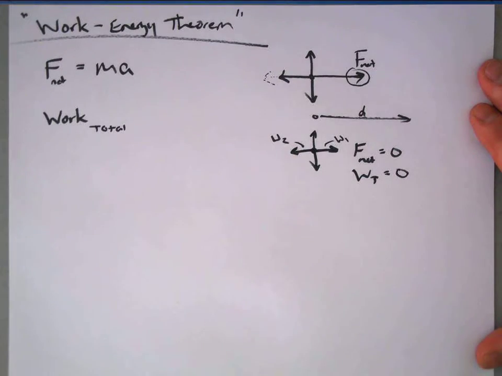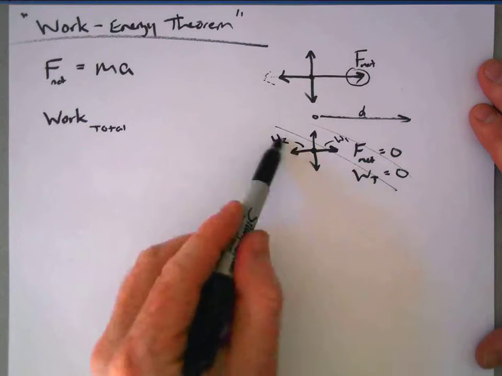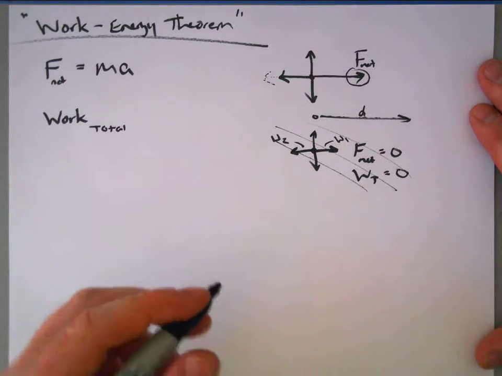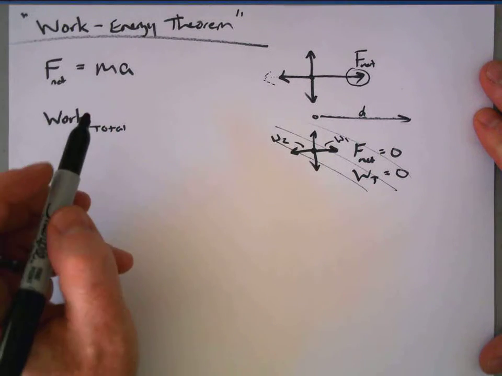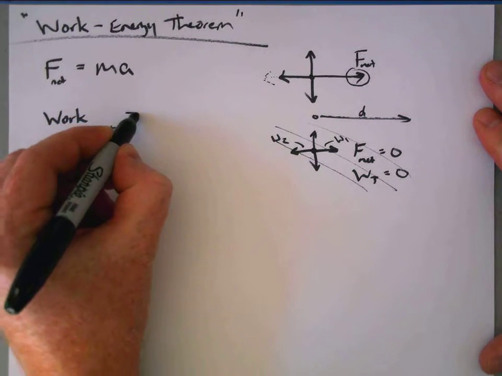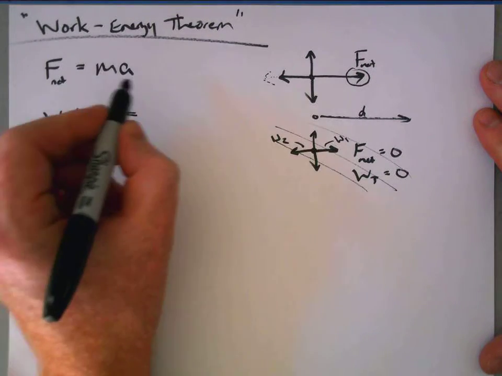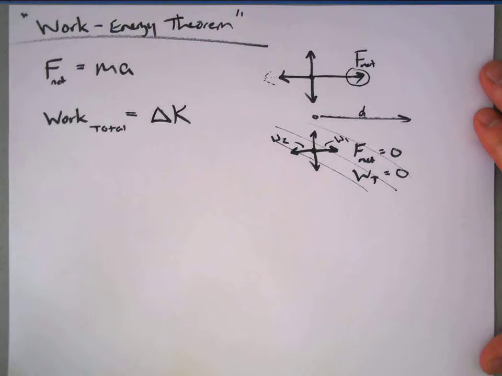Okay, well, what if it's not? So we're not going to consider that situation right now. Kind of boring. The total work done, though, if there is a net force left over unbalanced, is going to cause the kinetic energy of an object to change. So we see a change in kinetic energy. All right.